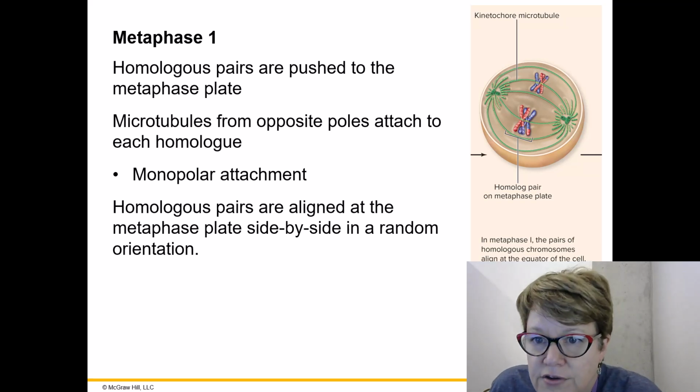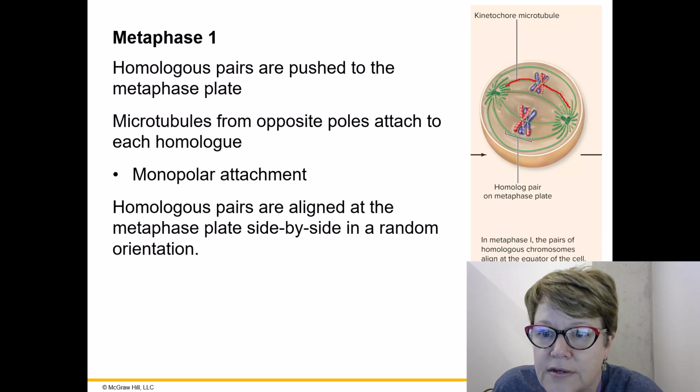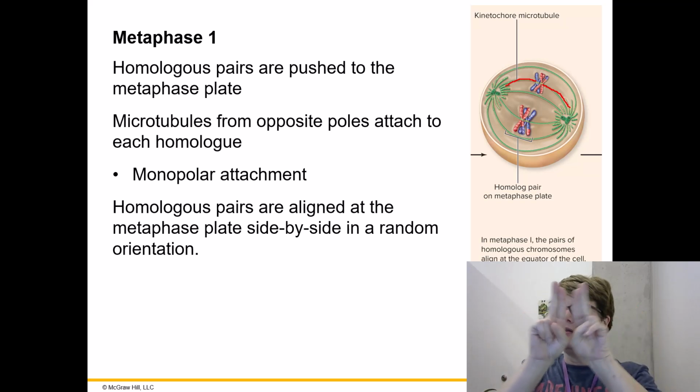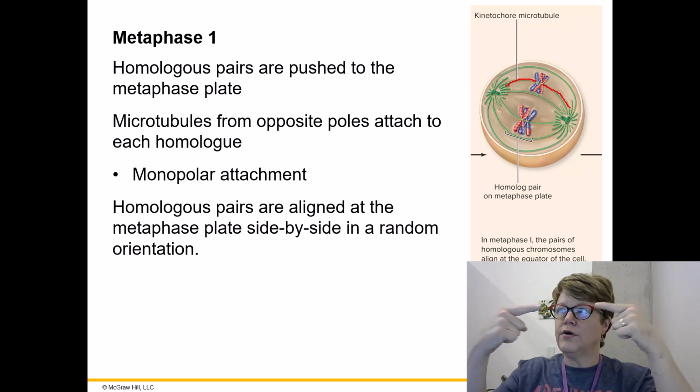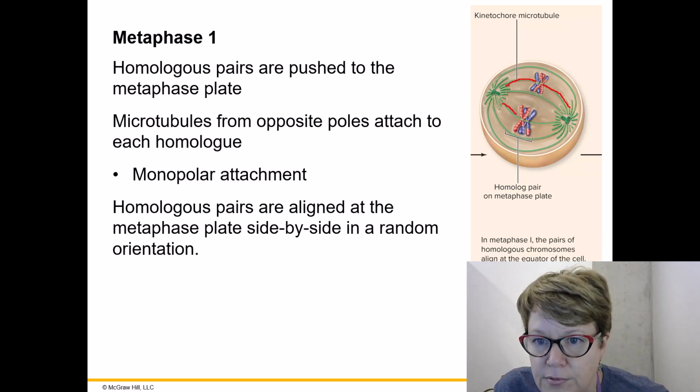If you look here, you've got to zoom in, but this one is attached to the dyad on the left, and this fiber is attached to the dyad on the right. So one fiber is attached to each of the dyads that make up the homologous pair. So one fiber attached to each. And then down here, one fiber attached to the red one, one fiber attached to the blue one.